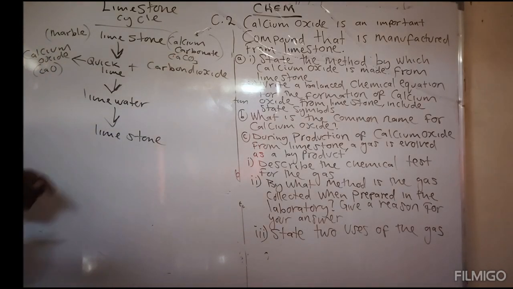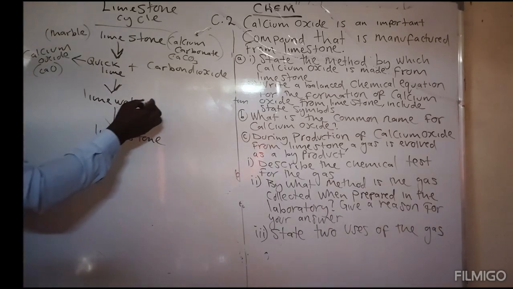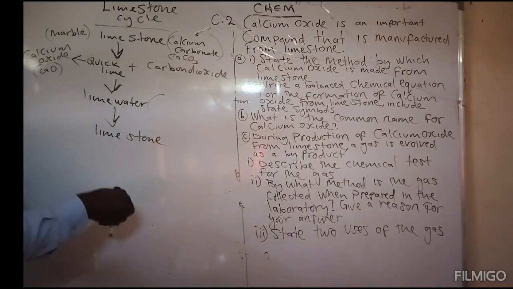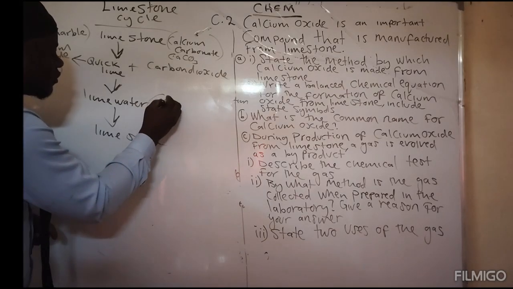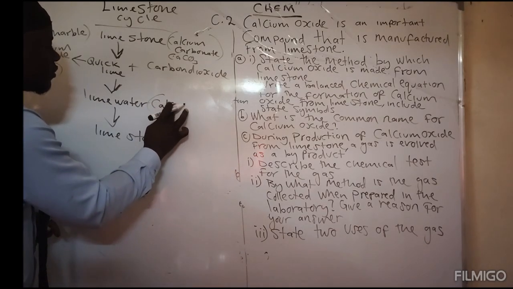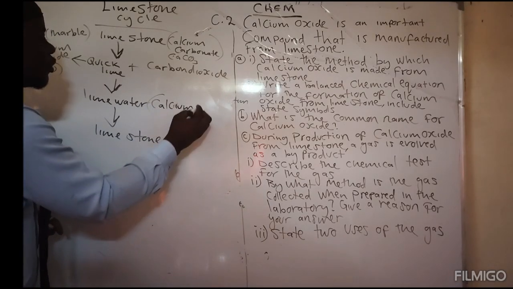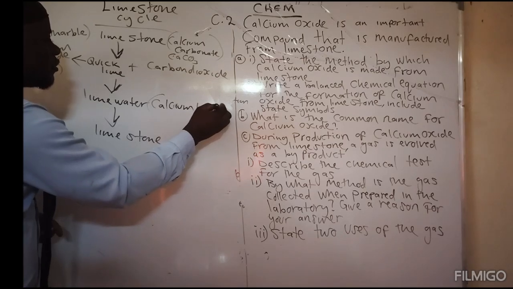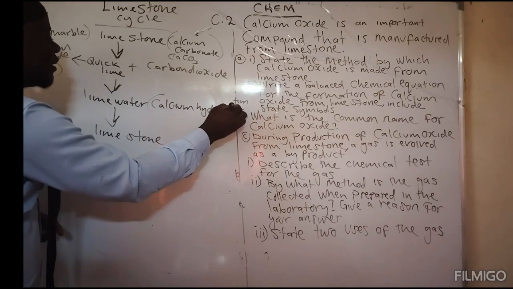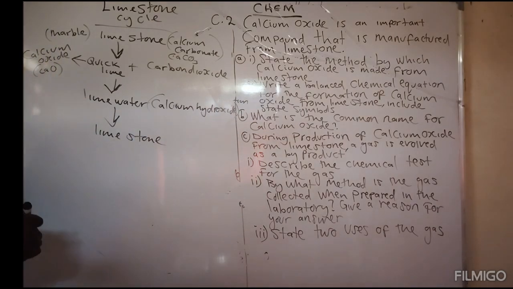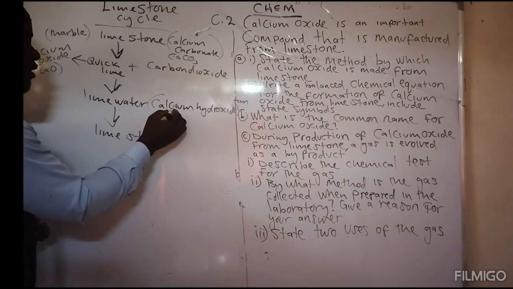Then now, let's come to lime water. This lime water is also known as calcium hydroxide. Then the chemical formula for calcium hydroxide is this one.